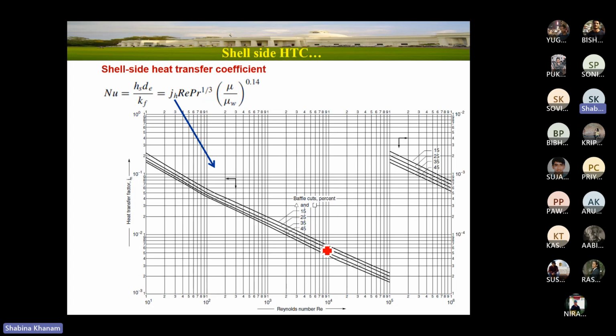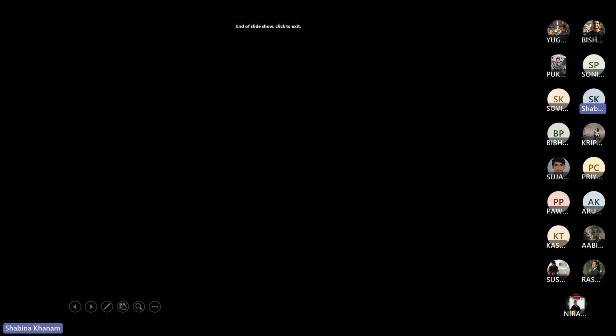The optimum value is 20 to 25, but you need to consider 25 only, not 20. In that way, we can calculate the shell side heat transfer coefficient.